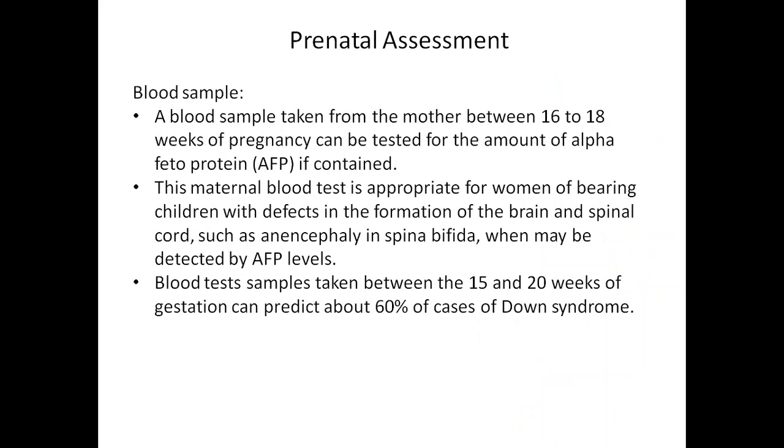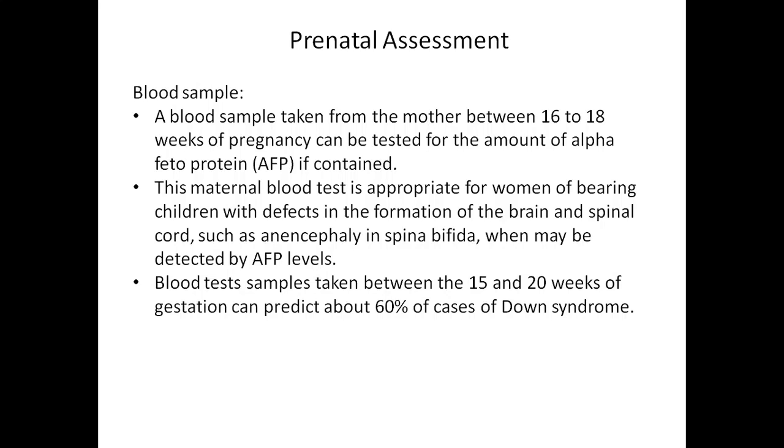One more important technique is the blood sample. A blood sample taken from the mother between the 16th and the 18th weeks of pregnancy can be tested for the amount of alpha fetoprotein, AFP, it contains.